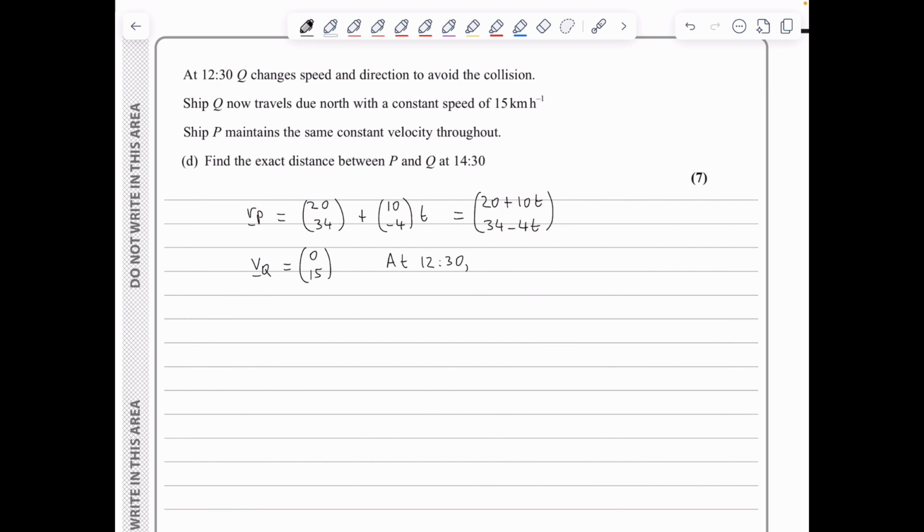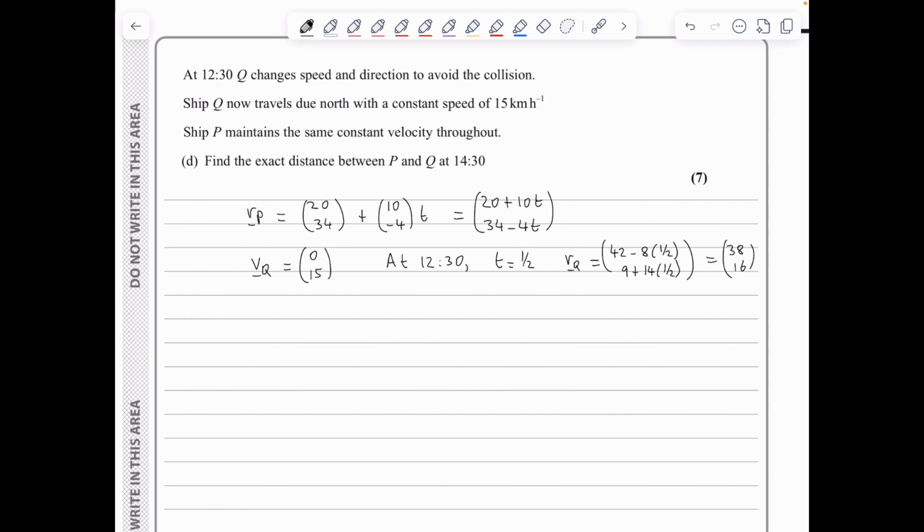So we had t is equal to a half, which means that the position vector of Q at 12:30 is 42 minus 8 times a half, and 9 plus 14 times a half. This gives an answer of (38, 16), which is going to be my initial position vector for the new time frame.